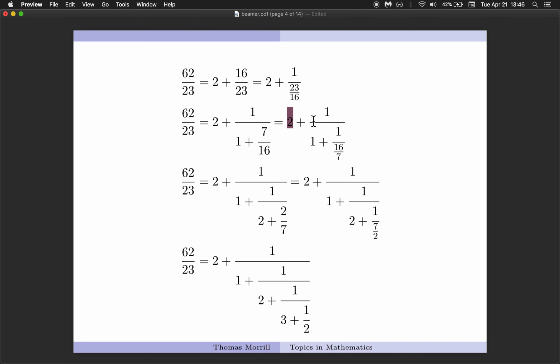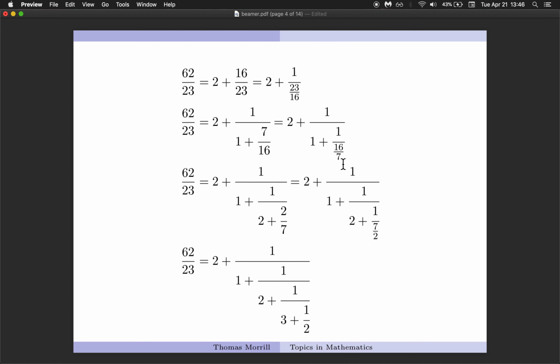I'll keep my 2, I'll keep my numerator 1, I'll keep my 1 plus a fraction. But I have rewritten 7 on 16 as a fraction with a numerator 1, denominator 16 on 7.